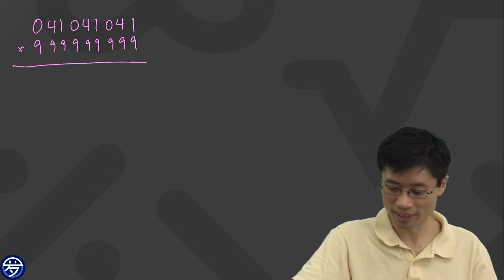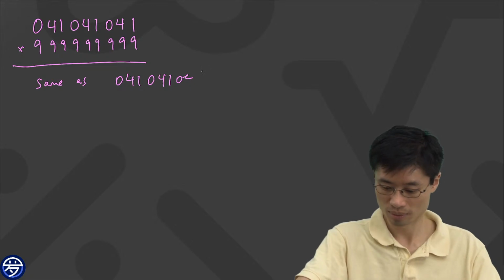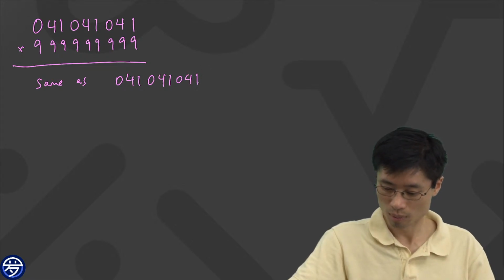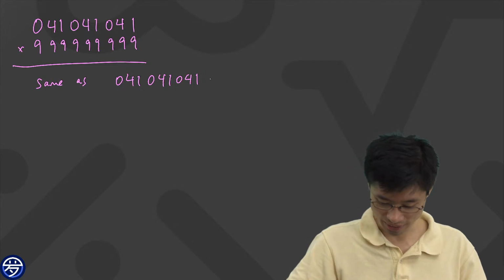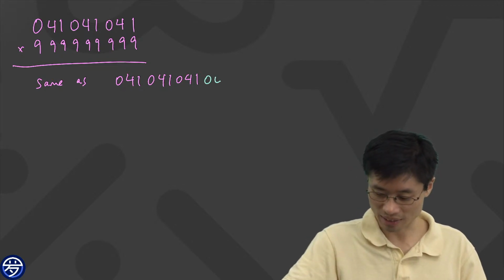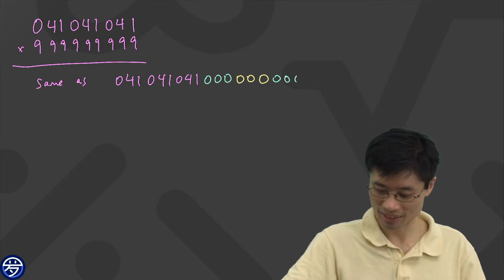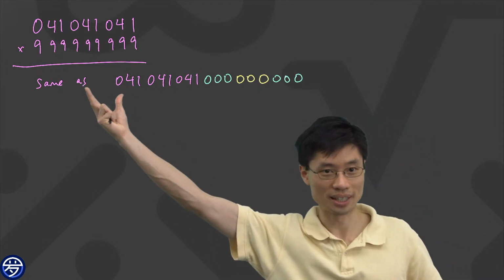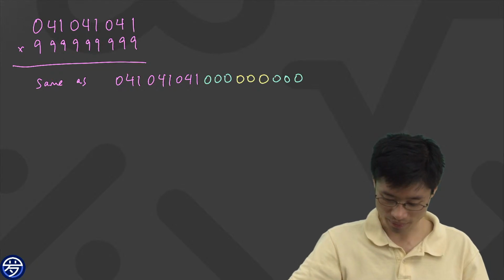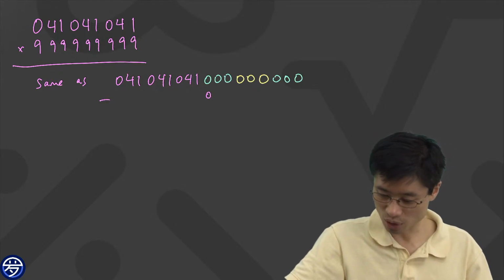If I want to multiply this, it is the same as the 041,041,041 multiplied by 1 with 9 zeros, and that happens to be, adding 9 zeros, 000,000,000. That's if I multiply it by 1 with 9 zeros, and then minus itself. Minus 041,041,041.